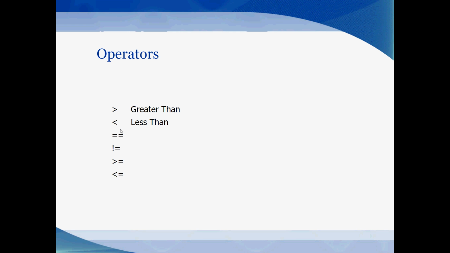So I can't use one equal sign to compare, because otherwise I'll be assigning the value. Instead, I use two equal signs to compare to see if two things are equal. Maybe I want to compare to see if two things are not equal, so I use an exclamation point equal. And then we also have greater than or equal to and less than or equal to, if we want to compare both of those things.